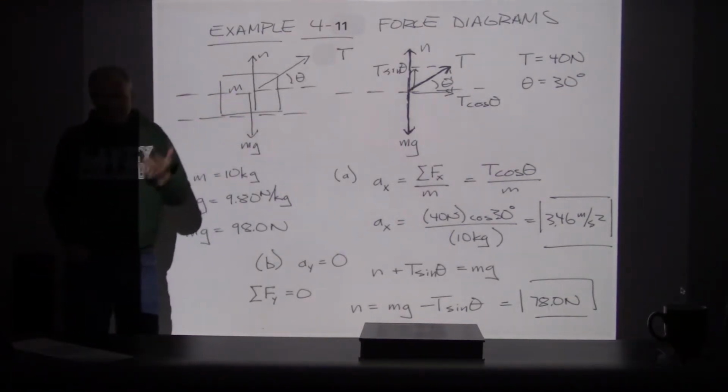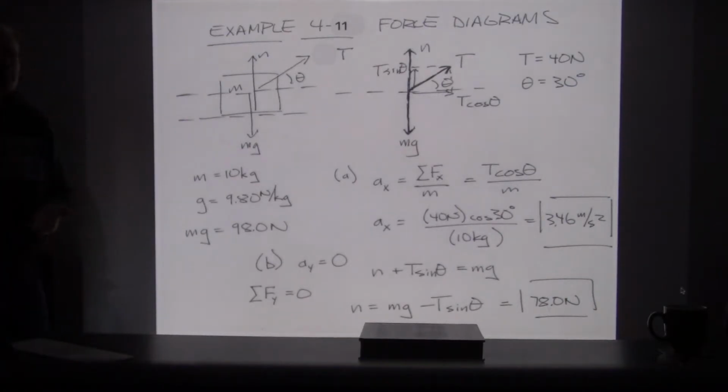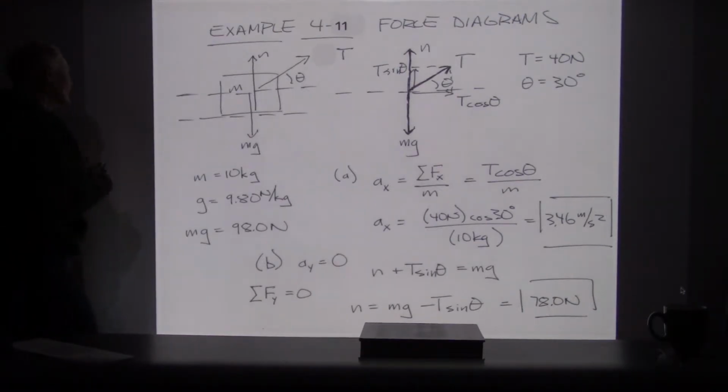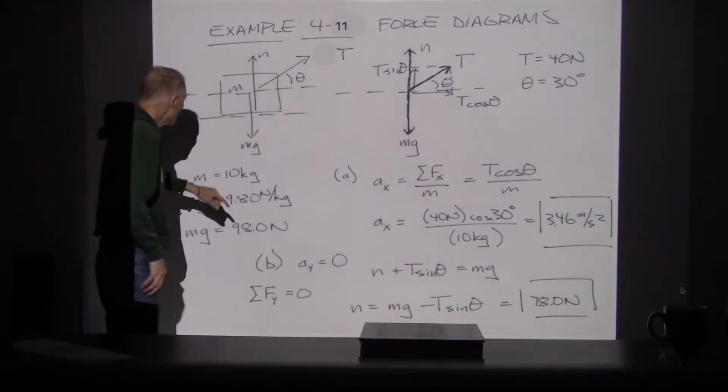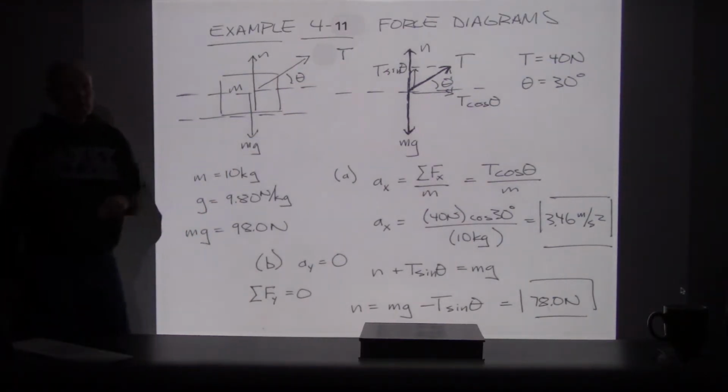Now what we're guessing, and this might be wrong, is that this force is not going to be big enough to lift the object off the table. The box will stay in contact with the table. A hint for that is that the tension's only 40 newtons, but I have a downward force of gravity that's 98.